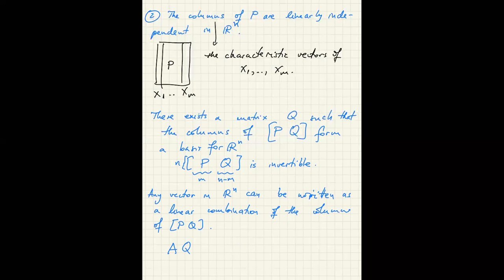But the columns here are in the column space of the matrix PQ, and therefore each column in this matrix can be written as a linear combination of the columns of P and Q, and therefore AQ equals something of the form PC plus Q times D. Remember from linear algebra, anything that's in the column space of a matrix can be obtained by multiplying that matrix on the right by a certain vector.